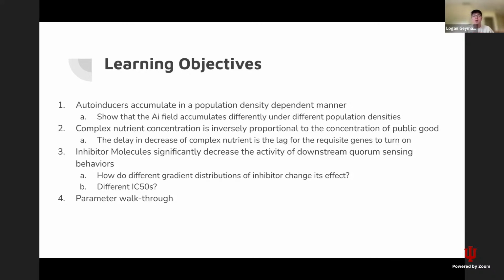experiments. So getting to that, we want to understand how different gradient distributions impact the inhibitor and its effectiveness, and how different IC50s, as well as different ways to model drug activity, begin to affect what the drugs are looking like on the population level. And then just to make sure users were understanding, we have a steering window with all these parameters.